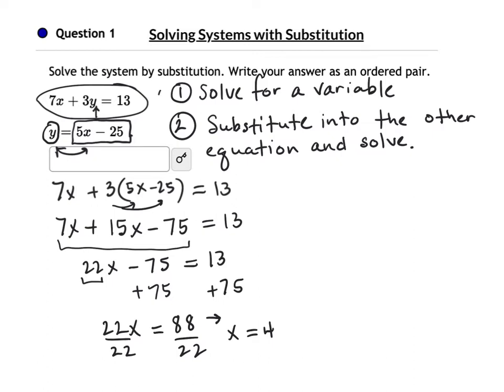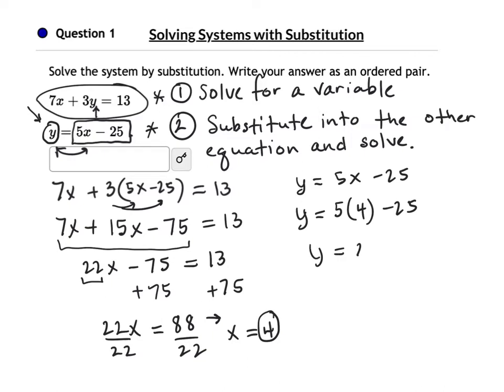You can use either equation, but one of them is generally easier than the other. If it's me, I pick the one that's already solved for. I know that y is 5x minus 25. That means I can find y by replacing x with 4, because I know that x is 4. 5 times 4 minus 25, y would equal 20 minus 25, so y would be negative 5.